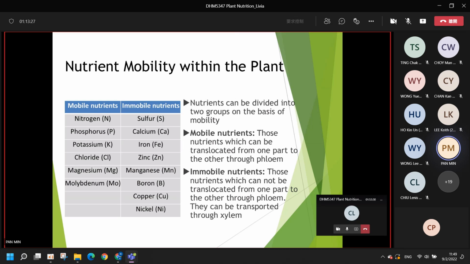The table lists the 6 nutrients considered mobile and these 8 nutrients considered immobile. Sulfur is generally considered immobile, so its deficiencies can affect entire plants.